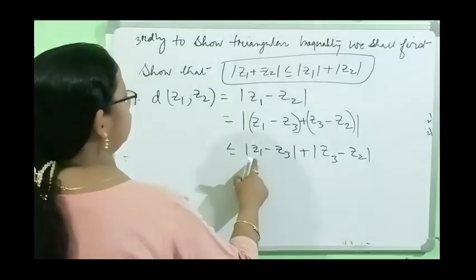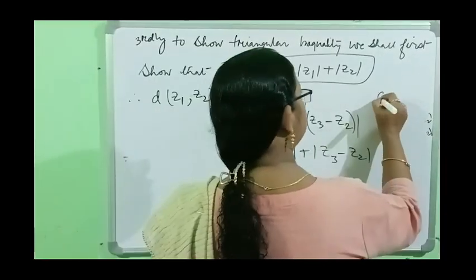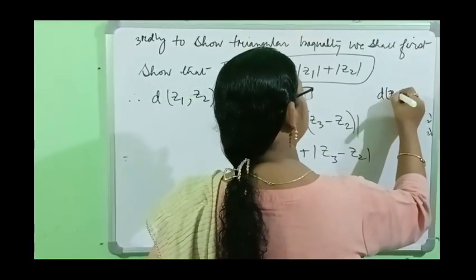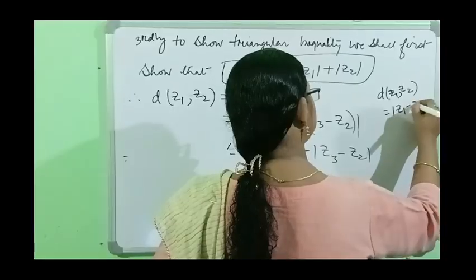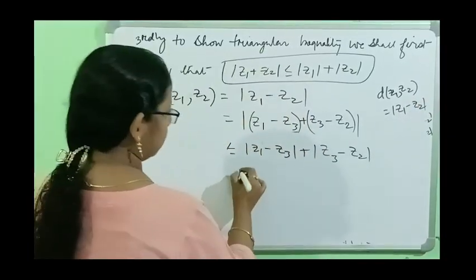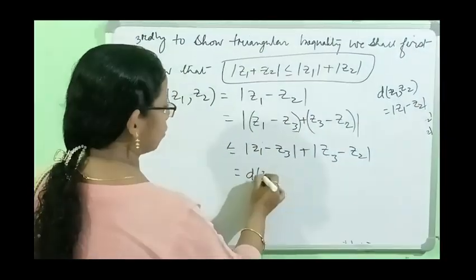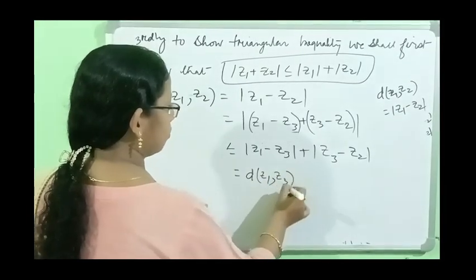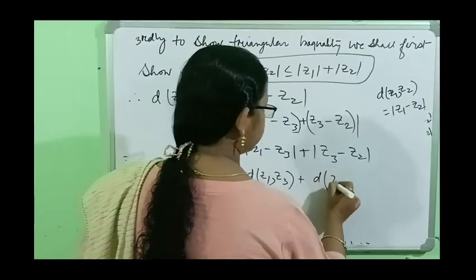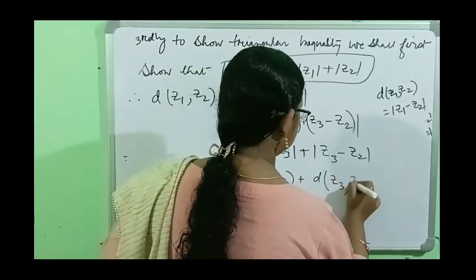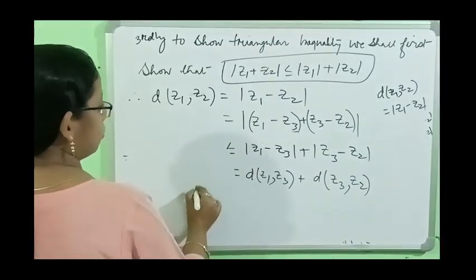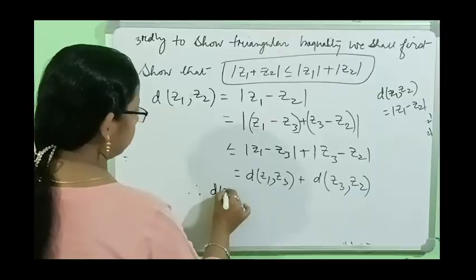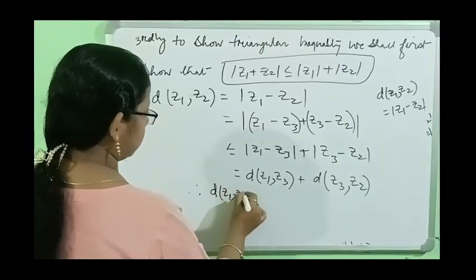By the definition of the metric here, d of z1 comma z2 is defined as modulus of z1 minus z2. This is less than or equal to d of z1 comma z3 plus d of z3 comma z2. Therefore, our triangular inequality for d is satisfied.